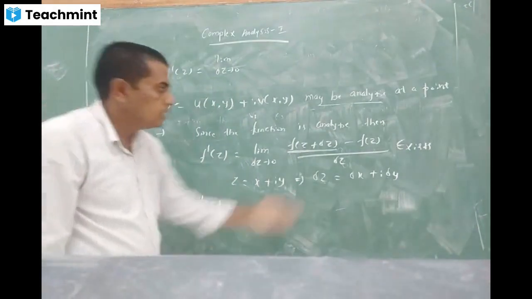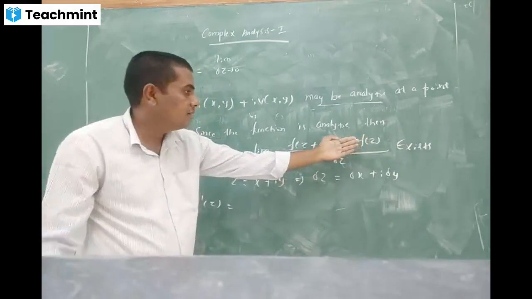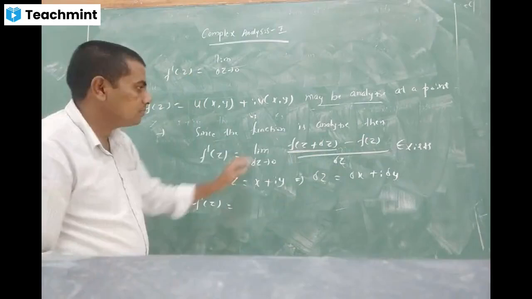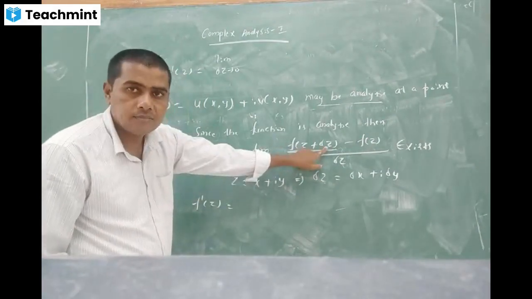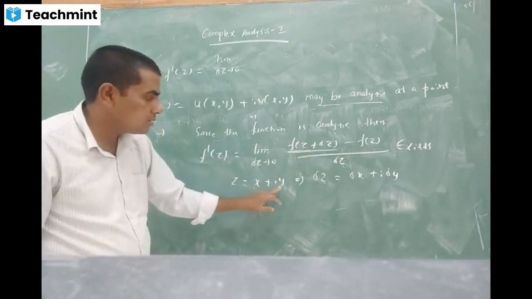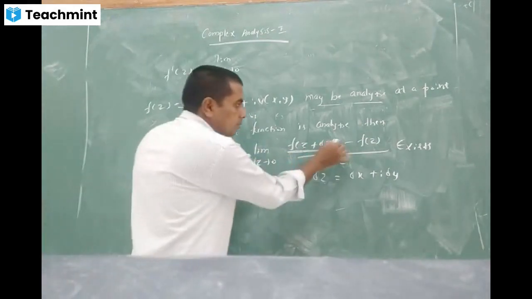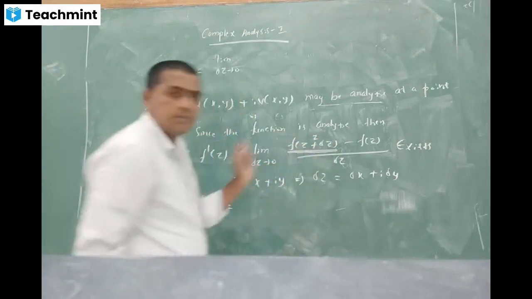In place of z, what is there? Z plus delta z. But what is z before that? Z is x plus iy, right? Yes, this entire term. If you consider this entire term, then what is f of z?